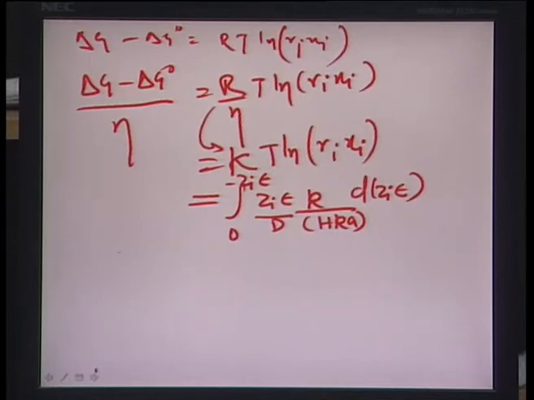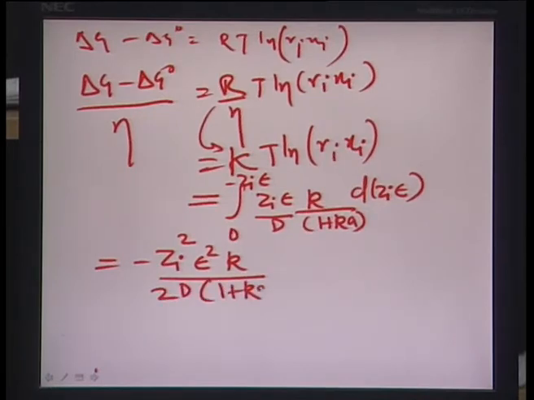And essentially if you do this integral here, it will come out to be minus Zi square epsilon square k divided by twice d times 1 plus k a, varying between 0 and Zie.